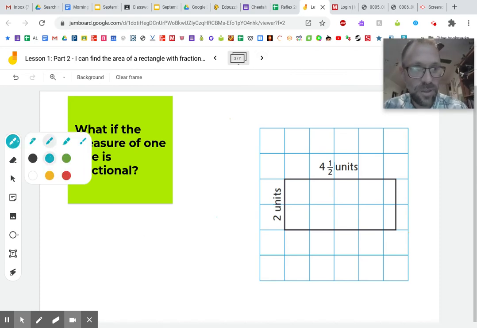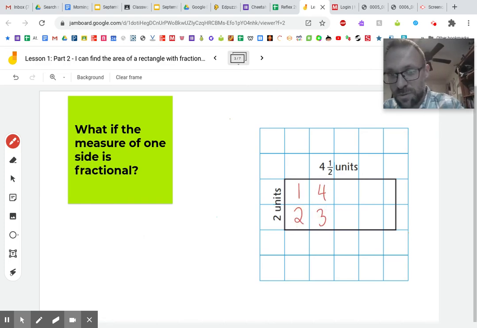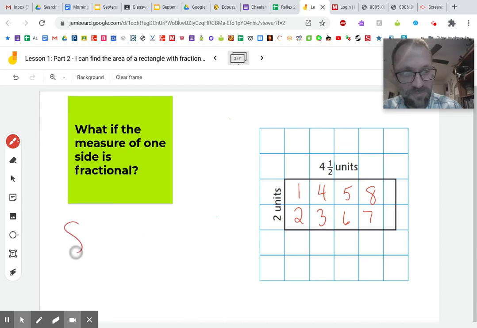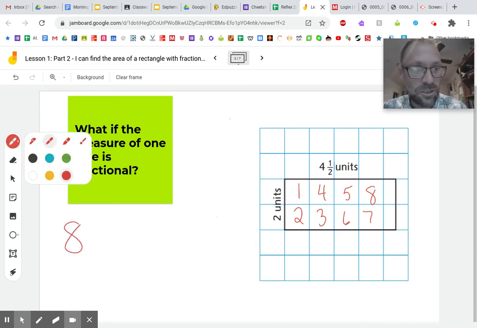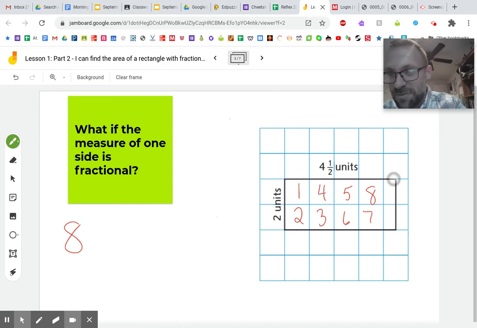All right, so if we just start with the whole square units, we're going to have, let's see, 1, 2, 3, 4, 5, 6, 7, 8. We see we have 8 whole square units. So I'm going to write that. So far, the area of most of this rectangle is 8, but we do see that we have this piece here and this piece here.